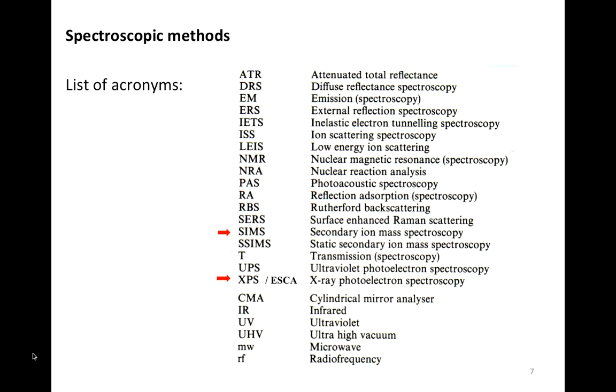You see diffuse reflectance and ion scattering spectroscopy. We will focus on secondary ion mass spectroscopy and X-ray photoelectron spectroscopy, or electron spectroscopy for chemical analysis. All the other acronyms you can look at, such as ultra high vacuum, ultraviolet, infrared, and so on.